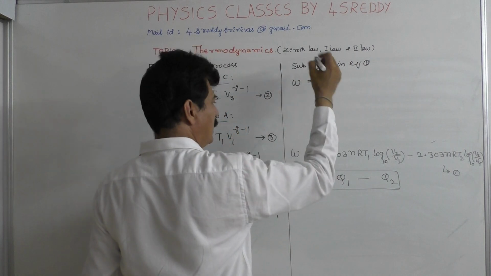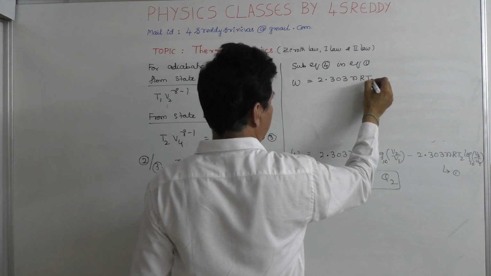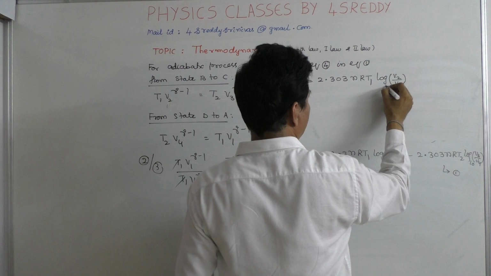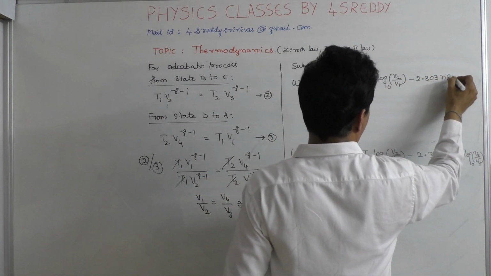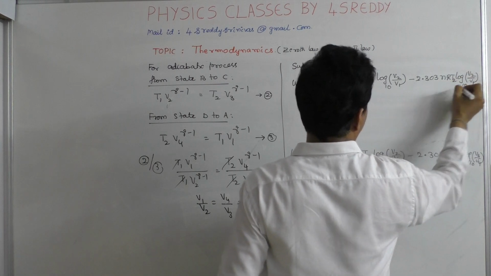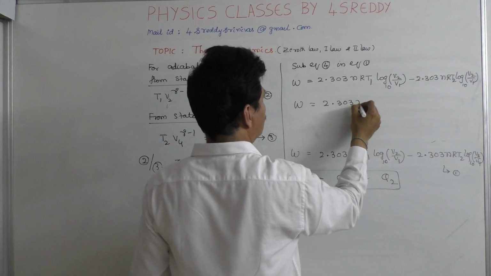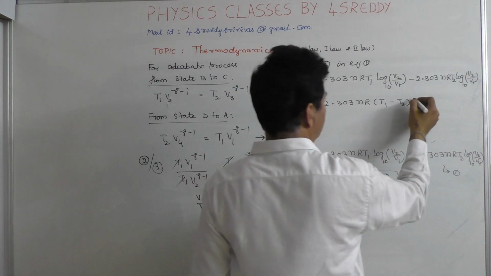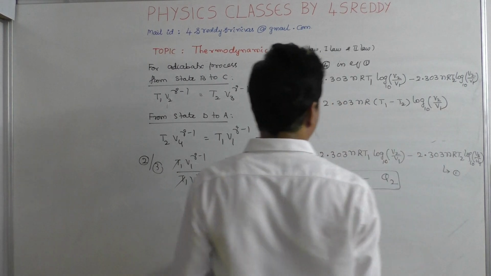Then total work done is given by 2.303 nRT1 log of V2 by V1 to the base 10 minus 2.303 nRT2 log of V2 by V1 to the base 10. Therefore, finally, it is given by 2.303 nR (T1 minus T2) into log of V2 by V1 to the base 10.